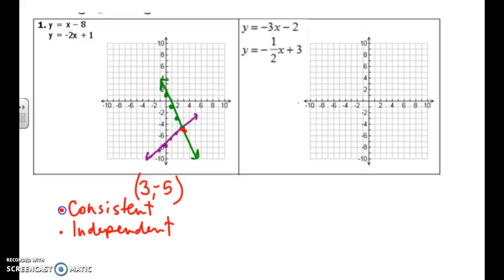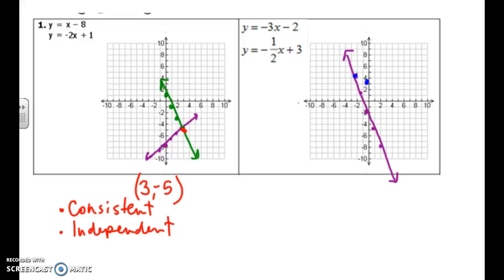All right, let's move on to graphing this one. So this one starts at -2 and goes down 3 over 1, or up 3 left, and so on. Okay, the other line starts at +3 and goes up and left.